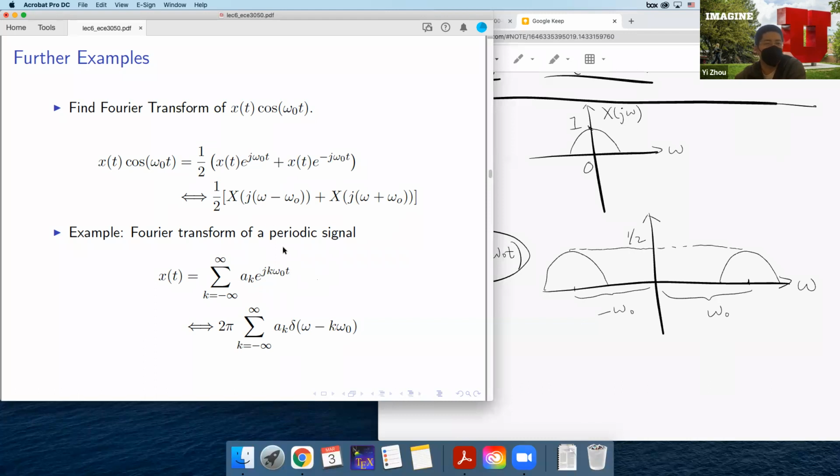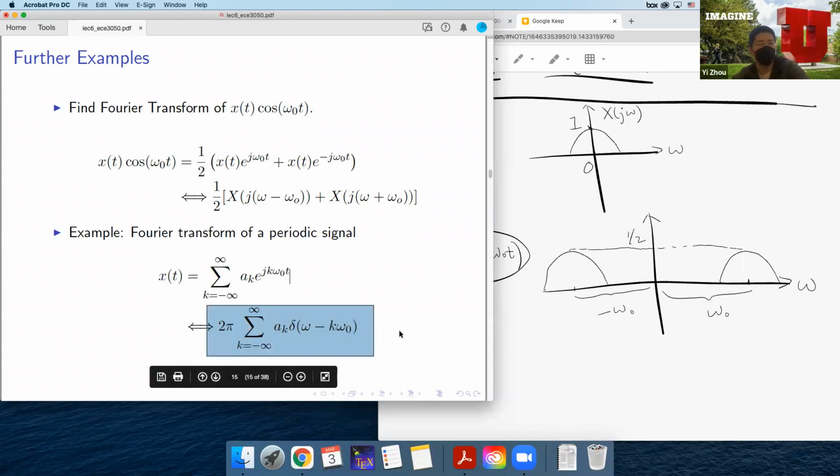So by the frequency shifting property, we have shown that the Fourier spectrum for the complex exponential signal is given by such an impulse signal in the frequency domain. Therefore, it's 2 pi times such a shifted impulse. Therefore, the Fourier transform spectrum for periodic signals is given by such a periodic impulse train in the frequency domain.